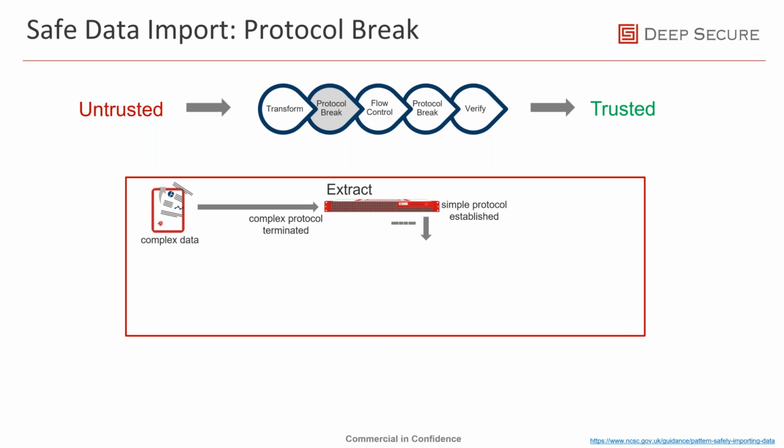So here the IX appliance, the Deep Secure appliance, proxies the data and terminates those complex protocols. And as a result of the transformation, it has simple data and now simple protocol information as well to carry the data and the protocol forward. And in the same way that the data has been transformed, any malformed or additional information in the protocol is also left behind because there's no room for it in the XDS.